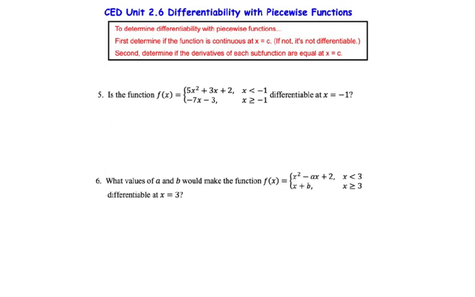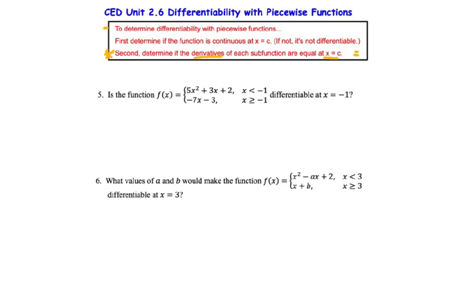Well, with our shortcuts, we can just find the derivatives of each piece of the piecewise function and then plug the number c in and hope that we get things that are equal, and that's the equivalent of using that limits action. So let's do this first one.